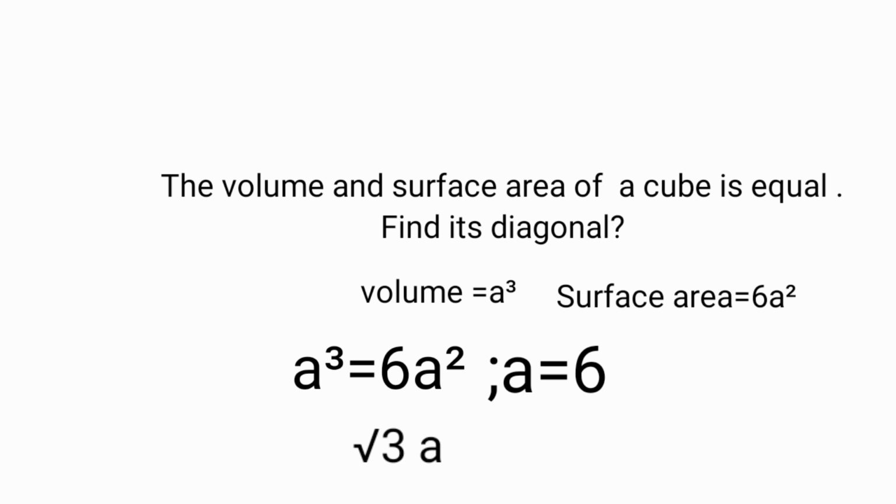And in this question it is said that volume is equal to surface area, that is a cube is equal to 6a square. We can cancel out a square from both sides. So we will get a as 6. Now our question is to find out the diagonal. We have already seen that the diagonal of a cube is root 3a. So the answer to this question will be root 3 into 6, that is equal to 6 root 3.